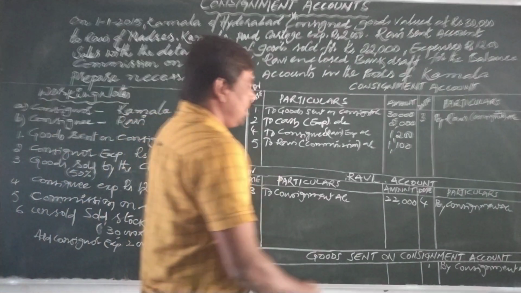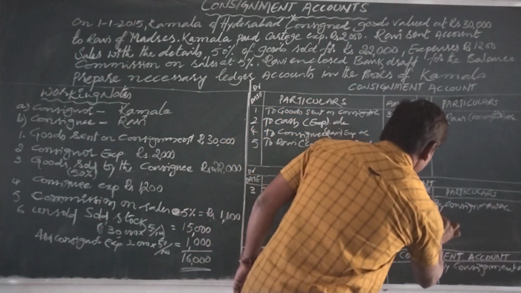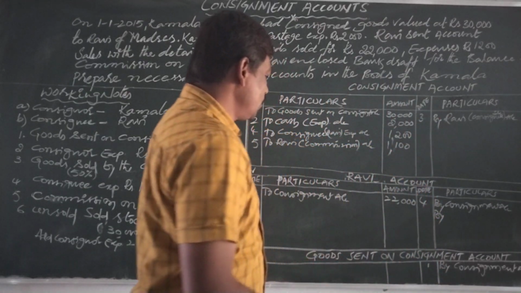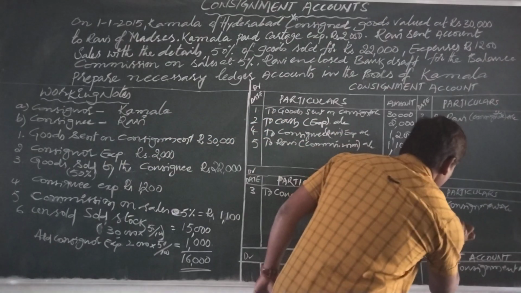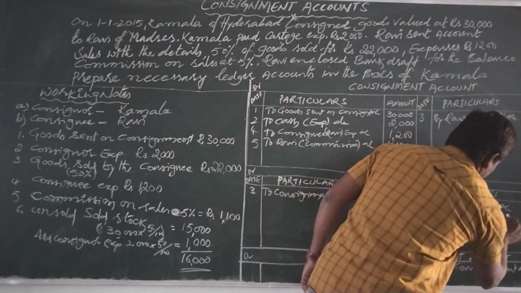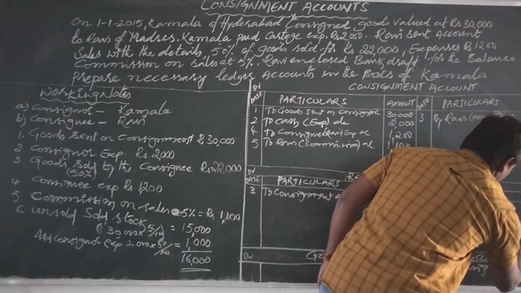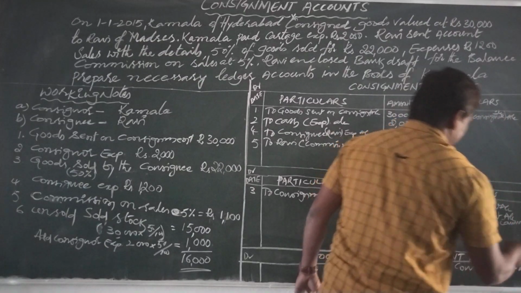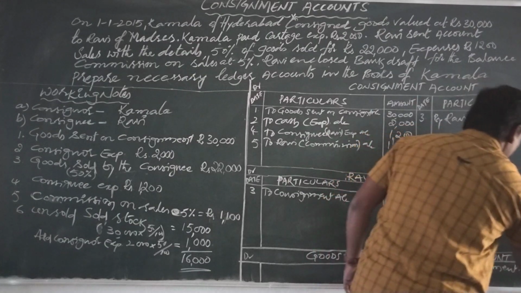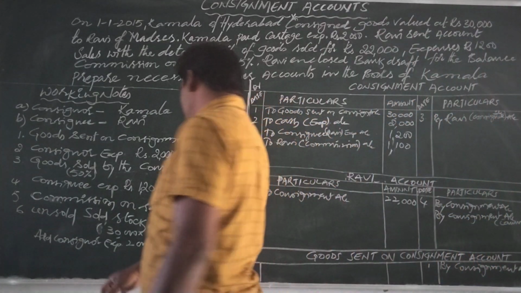And in Ravi's account credit side, consignment account in brackets commission, that is amount 1,100. Okay students, like this we can do it.